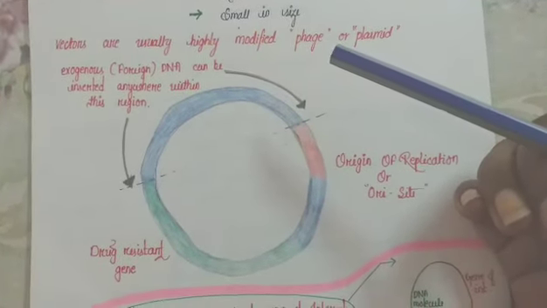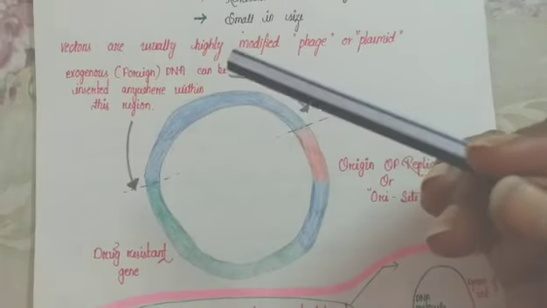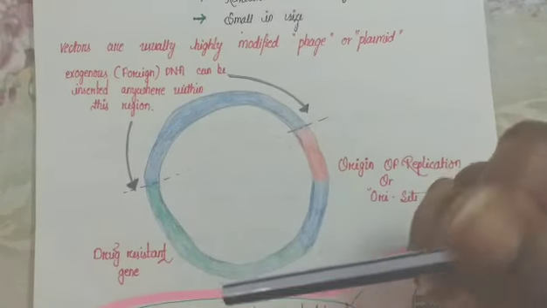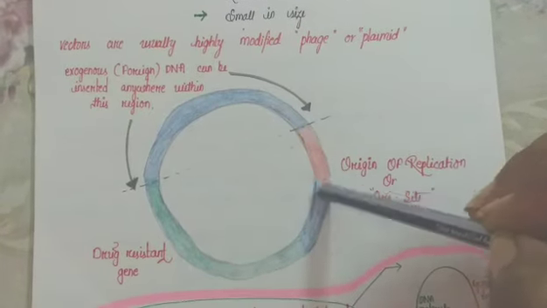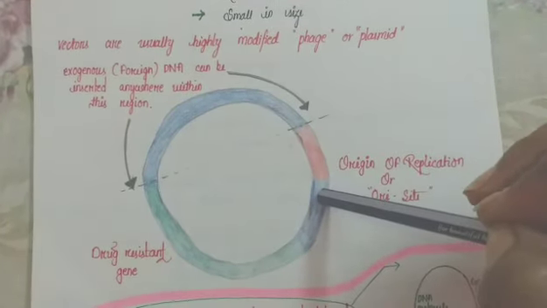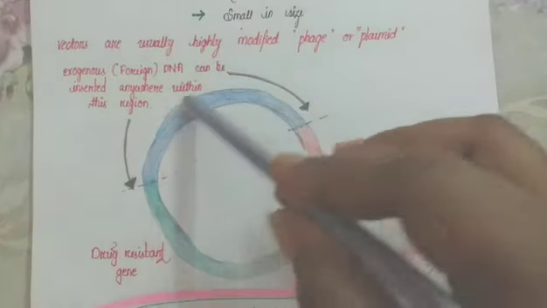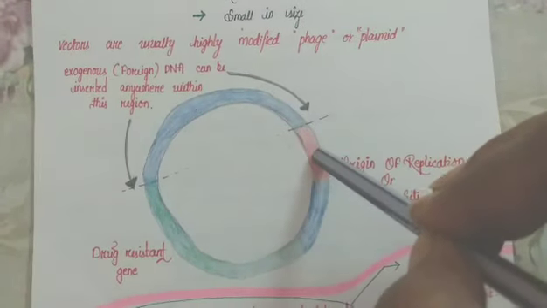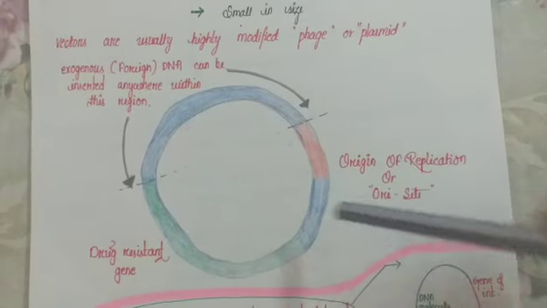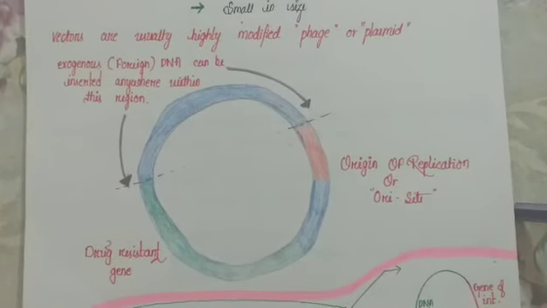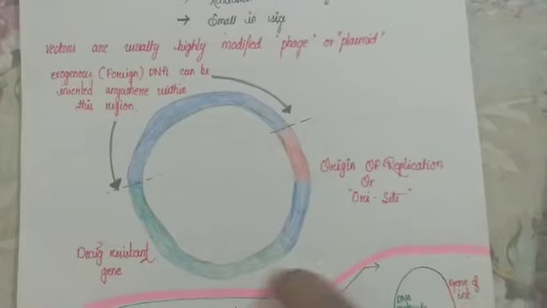Those enzymes are the tools of genetic engineering. They help us modify these vectors and insert the foreign DNA into the vectors. So let us discuss the enzymes that we require.